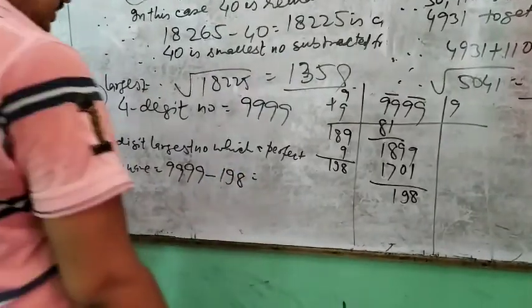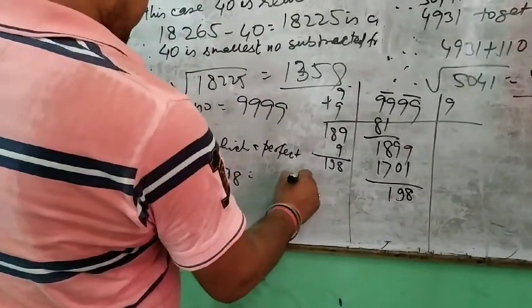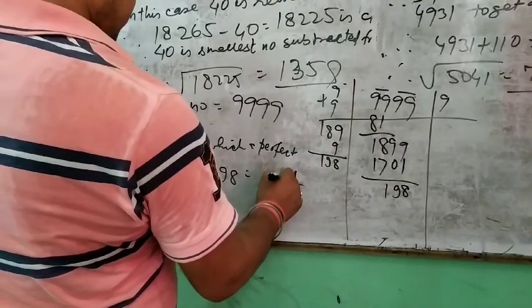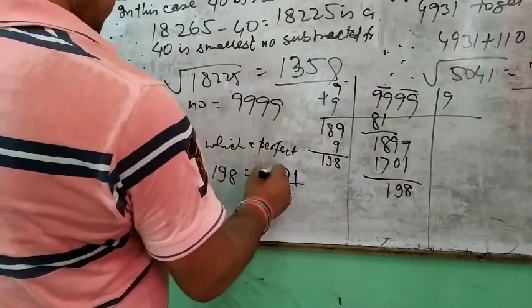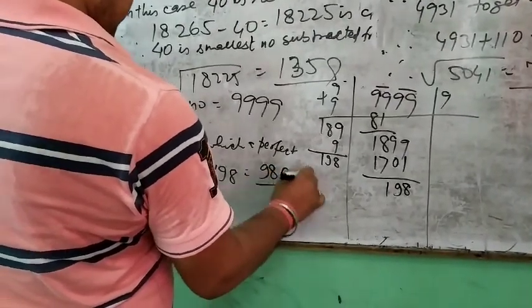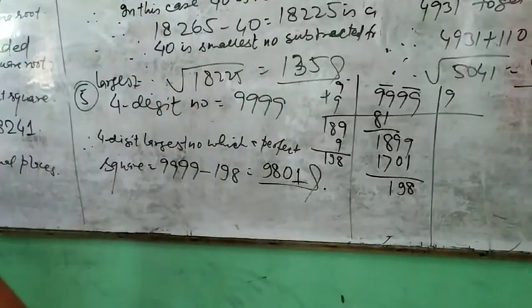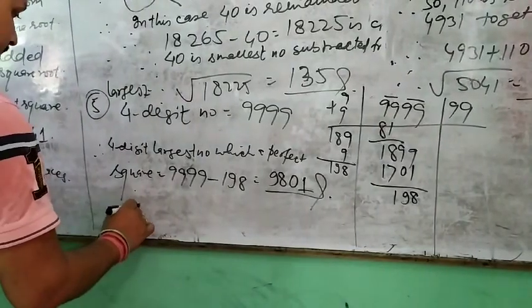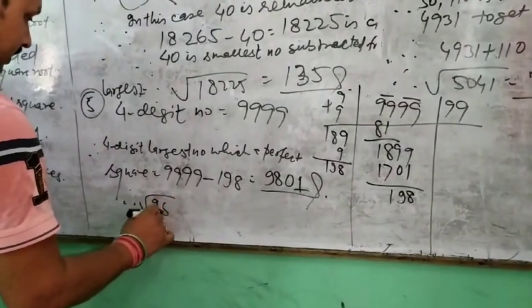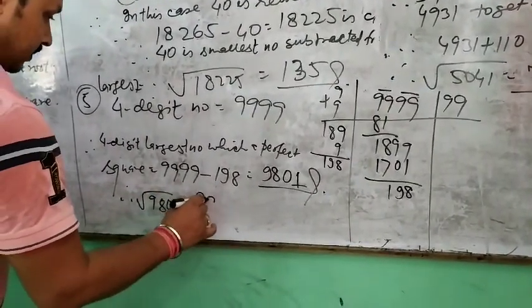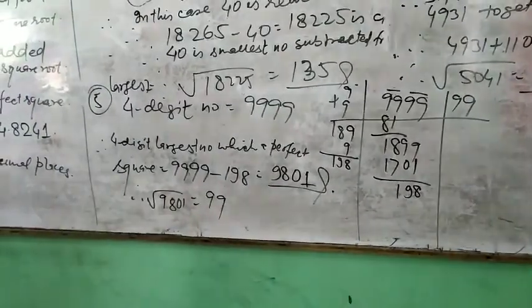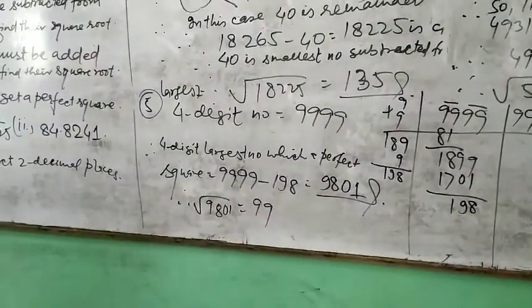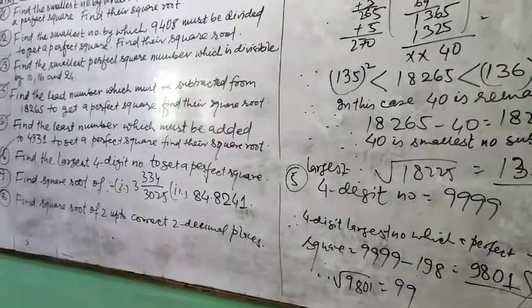We got the result 9801, and that's your answer. So the square root of 9801 is equal to 99. So your question number 5 is finished.